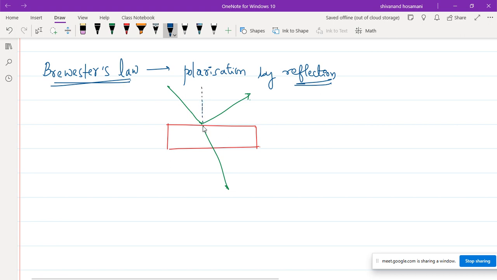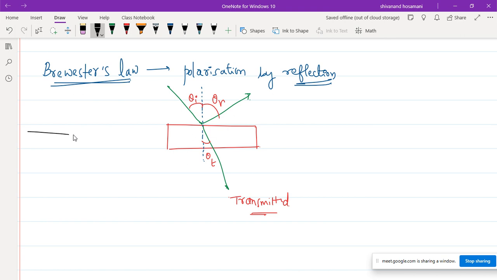Let me call theta i the incidence angle, theta r the reflected angle, and theta t the transmitted angle.